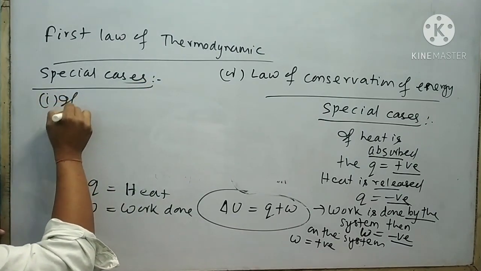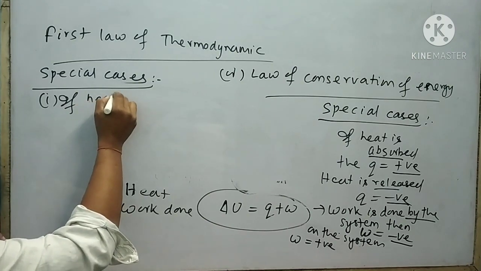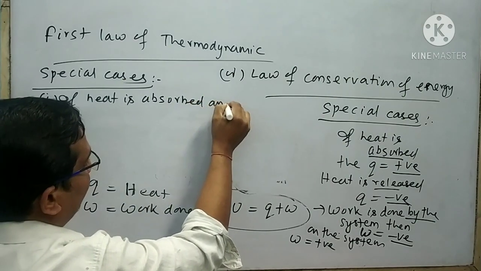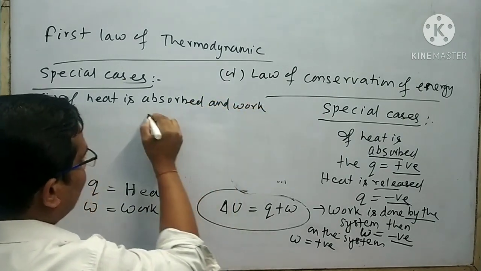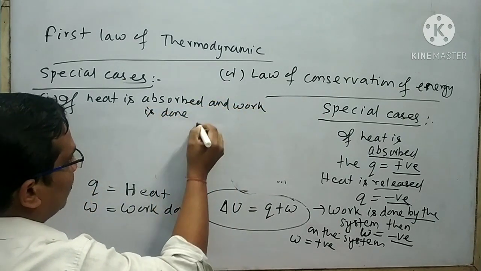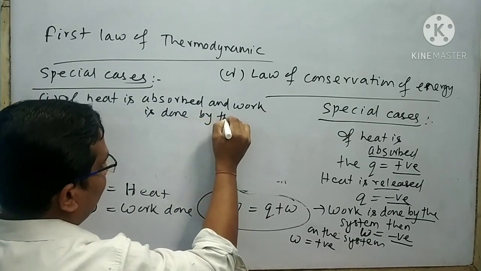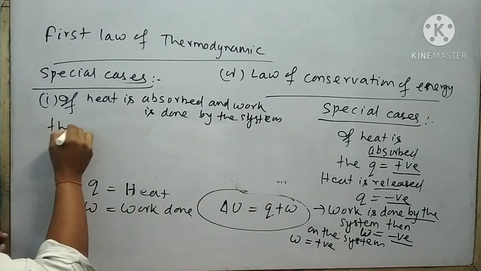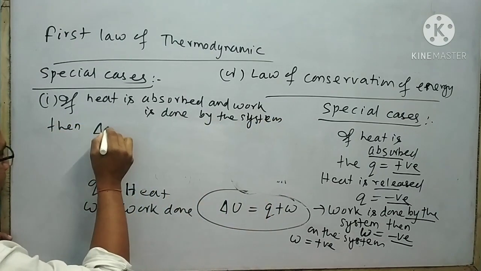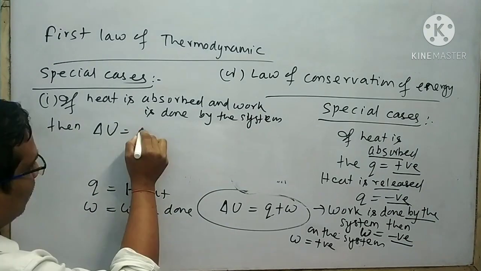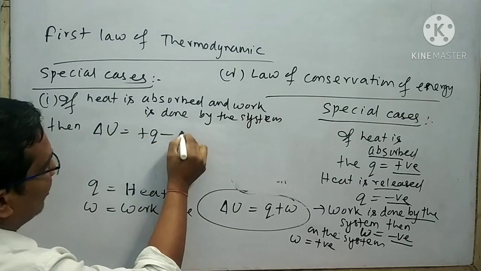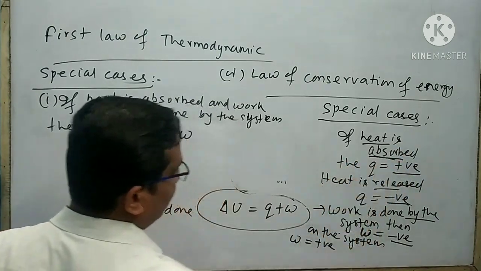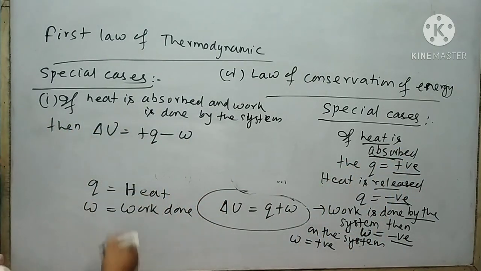Point 1: if heat is absorbed and work is done by the system, then I can write del U equals plus Q minus W. We know that heat is absorbed means Q must be written with a plus sign.